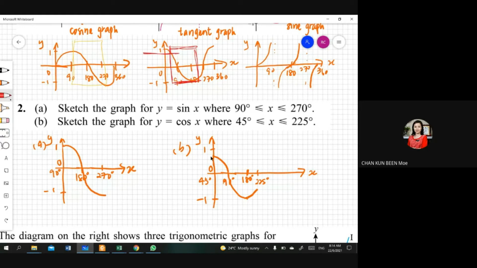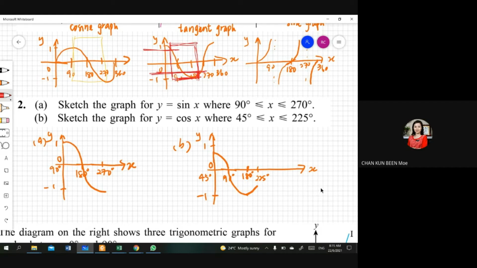So make sure you start with something like 0.75 and then it finishes at this part over here, also about 0.75. So you should have something like this. You don't have to worry about being precise, because it's just a sketch, so just roughly on the values.